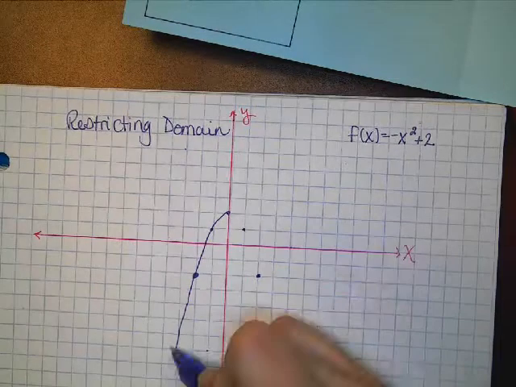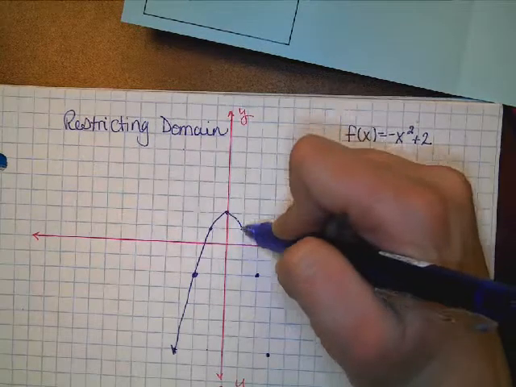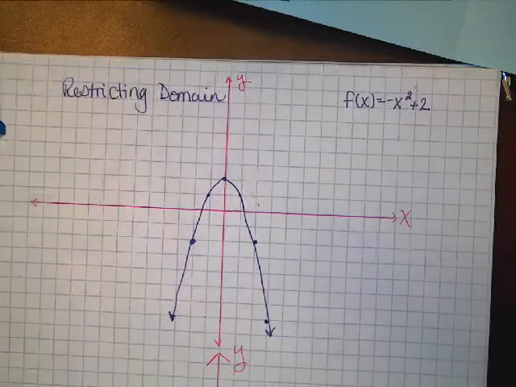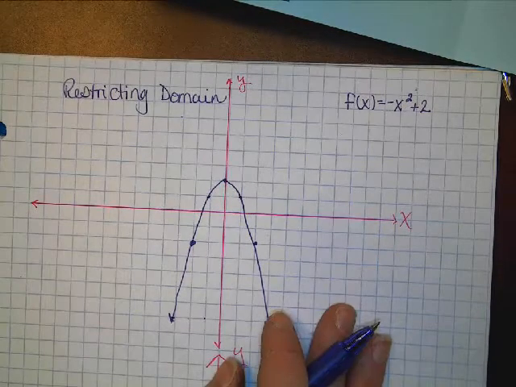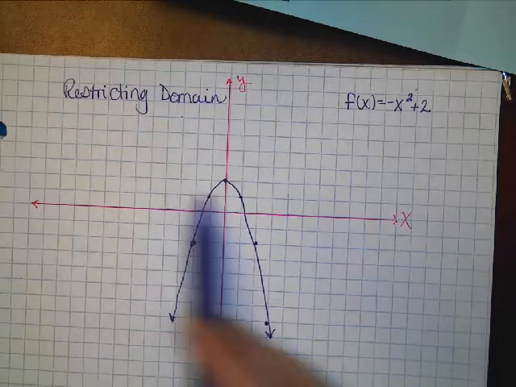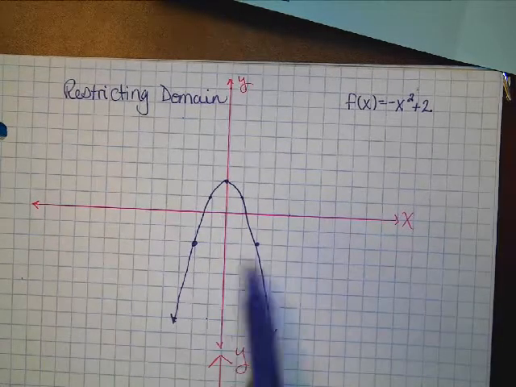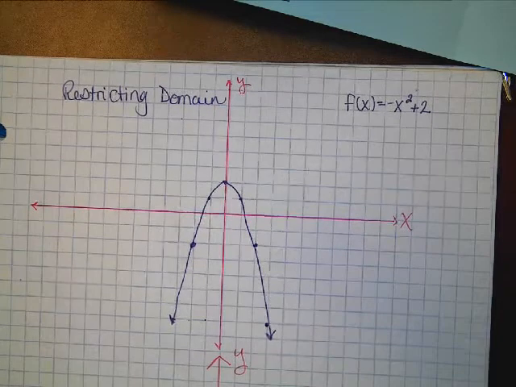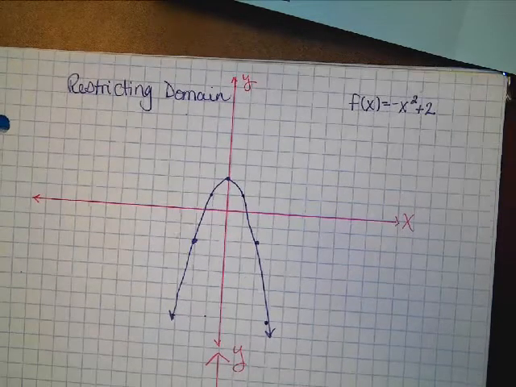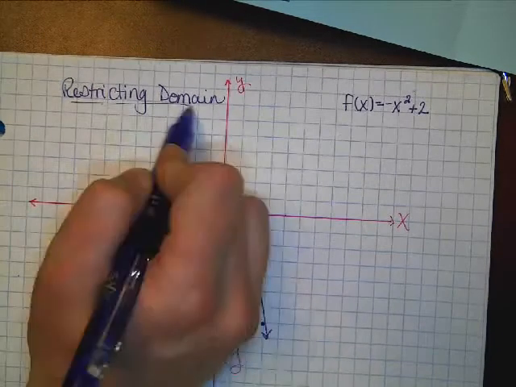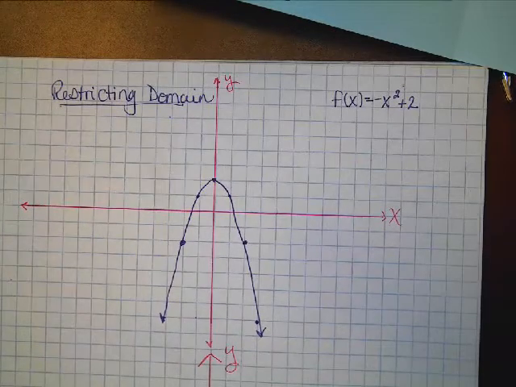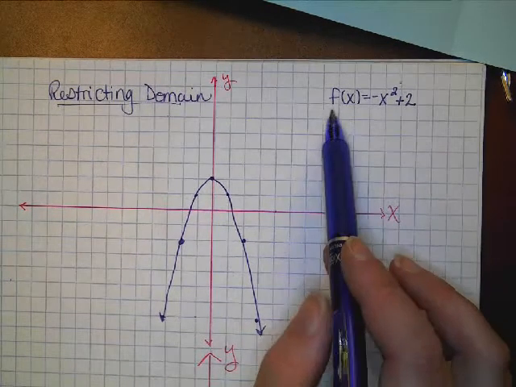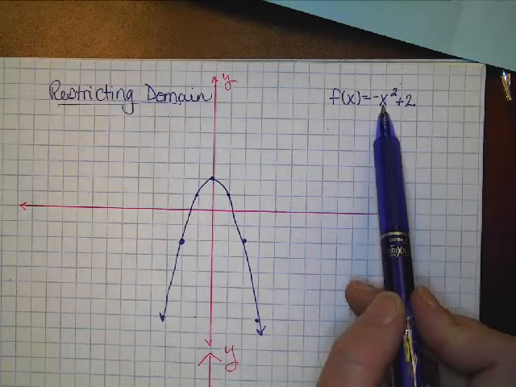The next would be 3 and 9, right here, and 1, 2, 3 right here. So this parabola would look like this, something like that. It's not a one-to-one function because it fails the horizontal line test.